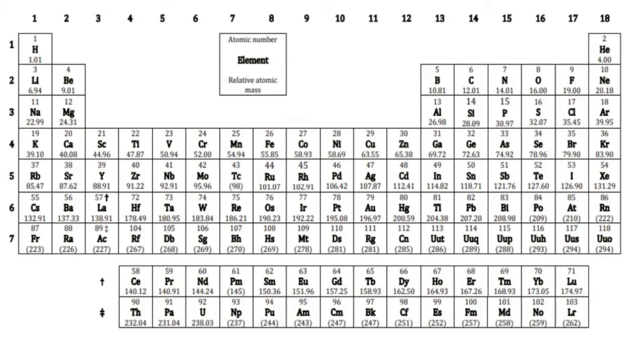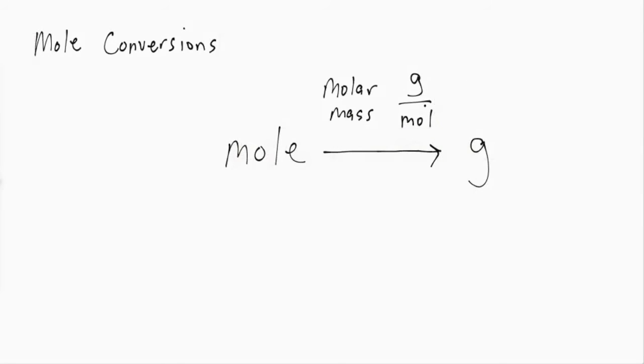Look at element number 6. What is the molar mass of carbon? 12.01 grams per mole. So you'd write 12.01 grams is equivalent to 1 mole. And if grams was on the denominator, that's okay. You just write the correct number next to the correct unit to make that conversion factor true.